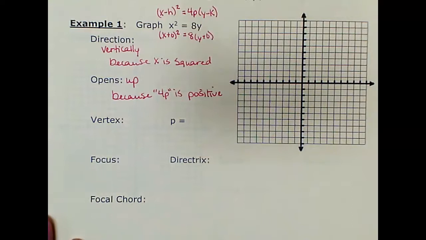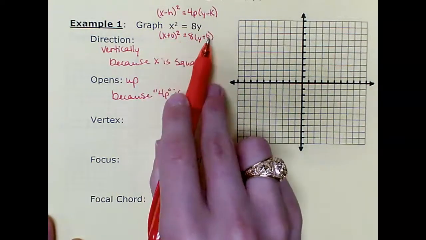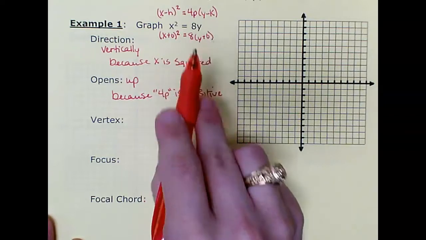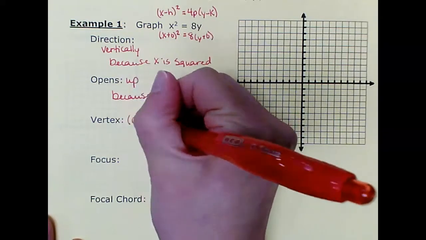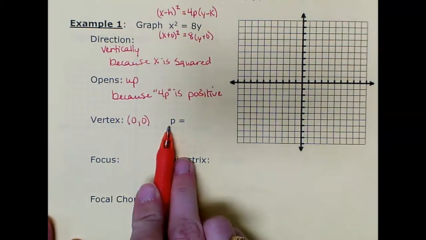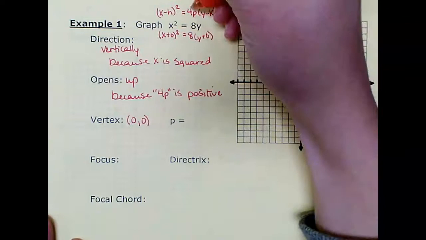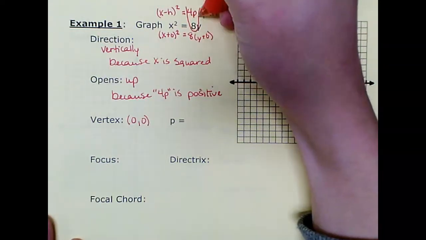My vertex is h comma k. Well, there was nothing here and nothing here, so that's a 0 comma 0. The p value, well, p comes from here. And the thing that's in the place of 4p is 8.